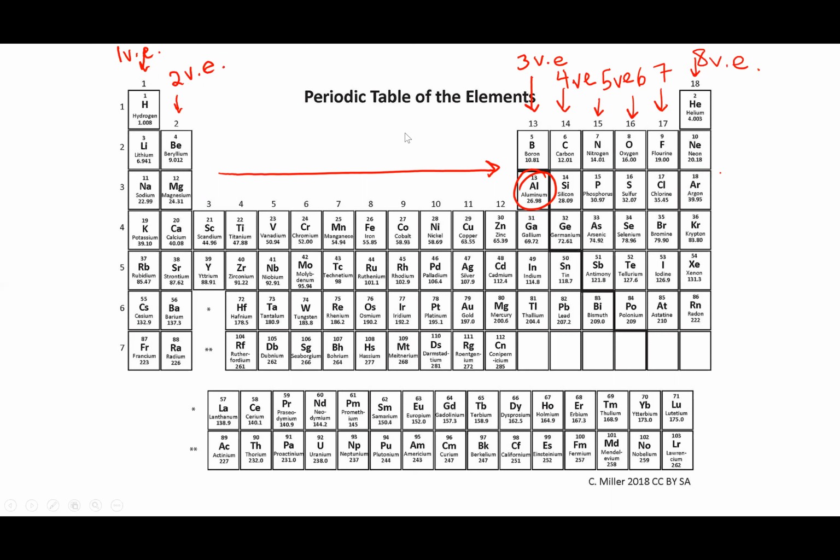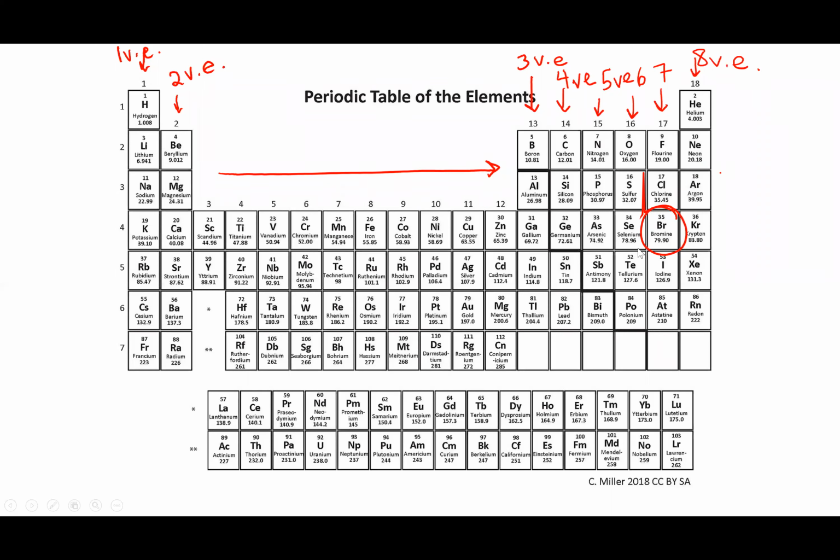It's 1, 2, 3 over, so it has 3 valence electrons. Let's even look at bromine here. Again, we go 1, 2, skip the transition metals, 3, 4, 5, 6, 7 valence electrons for bromine.